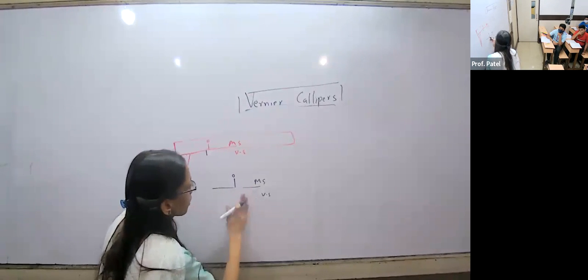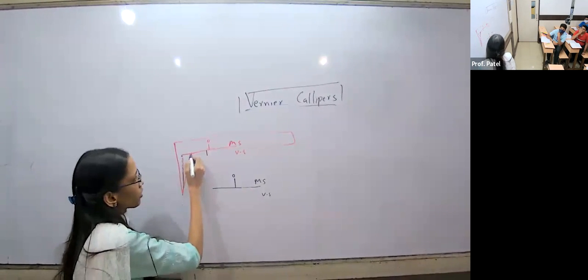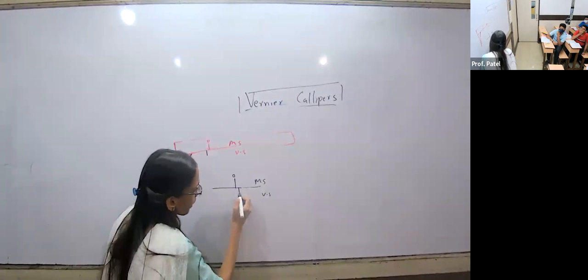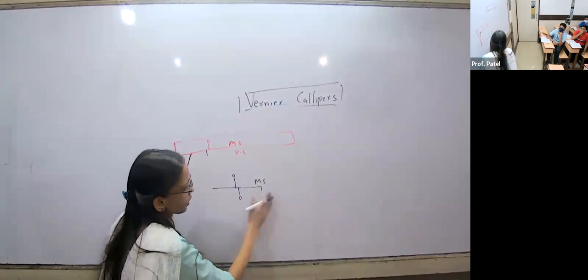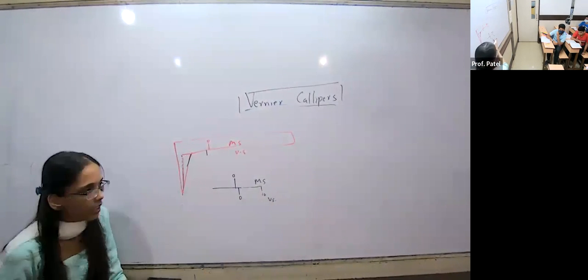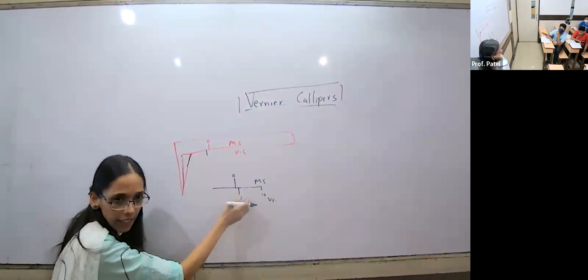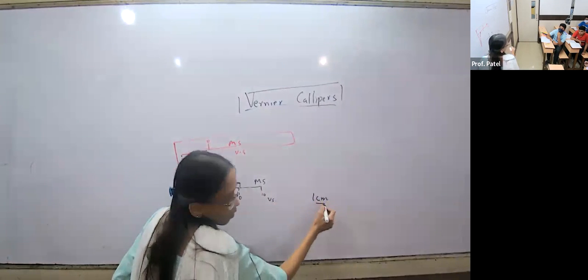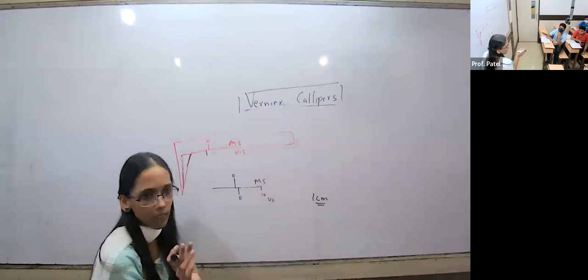Sometimes it may happen that instead of going back, this one was slightly extra built. So instead of coinciding at 0, it will be slightly ahead. My vernier scale 0 is slightly ahead. So what is happening in this case? Let's see if the 0 was ahead. Every time I gave a measurement of 1 centimeter, I was saying that it is 1 centimeter, but was it 1 centimeter?